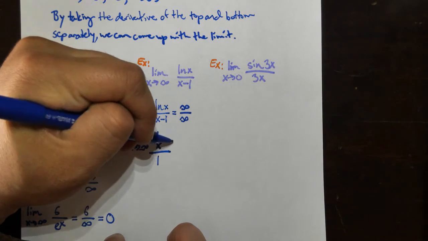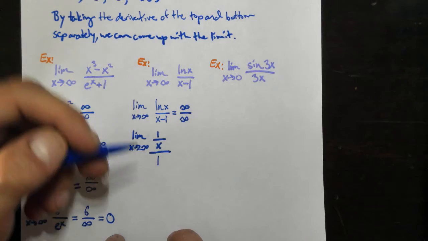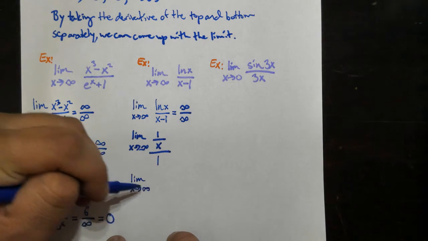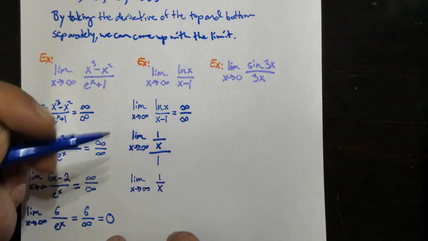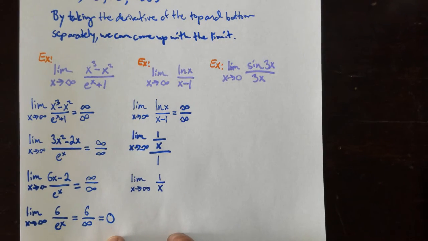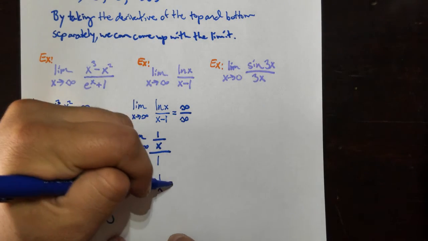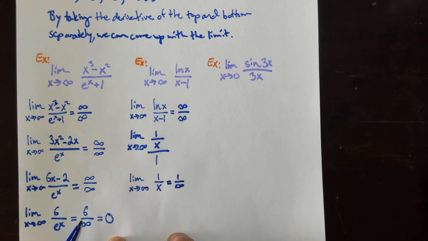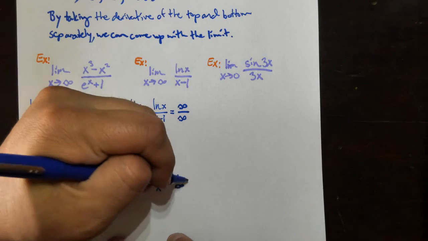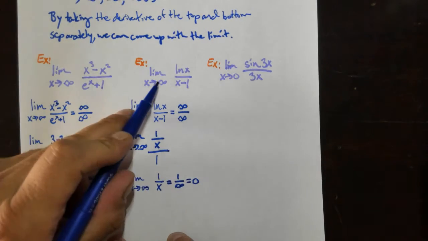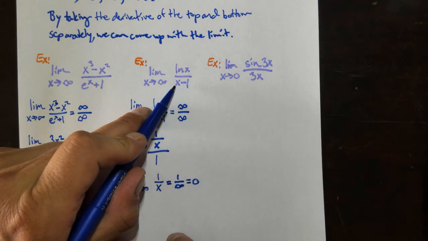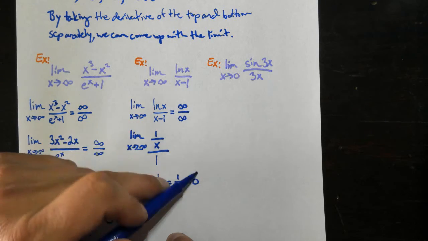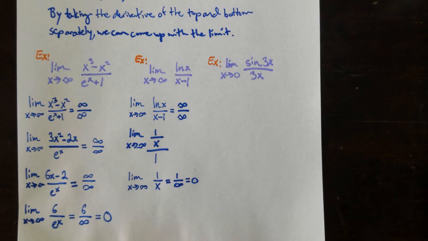This equals the limit as x approaches infinity of just 1 over x. What happens when we plug in infinity here? It's 1 over infinity, which, like our first example, is going to be 0. So the limit as x goes to infinity of ln of x over x minus 1 is 0. Awesome.